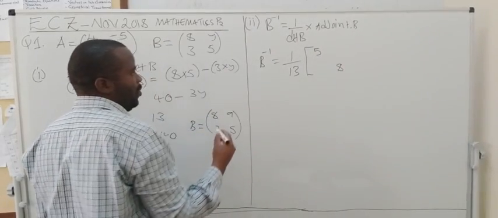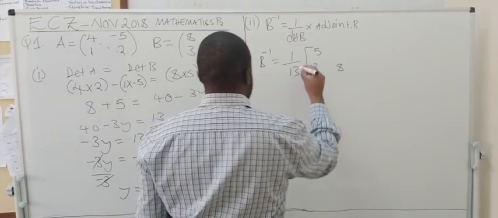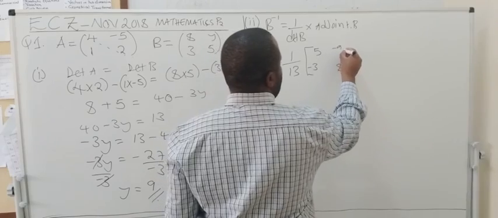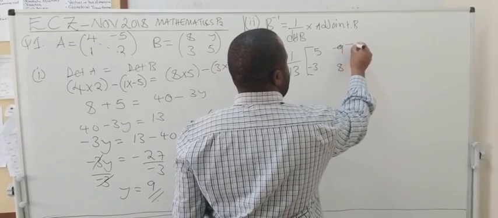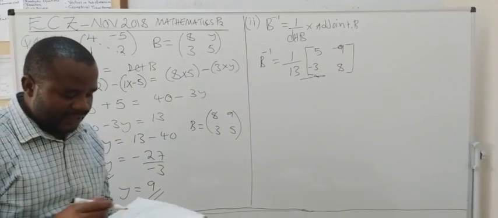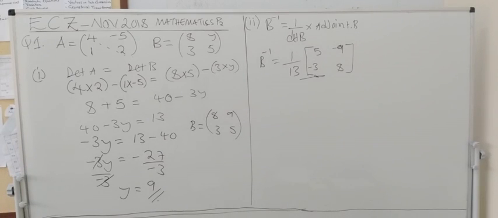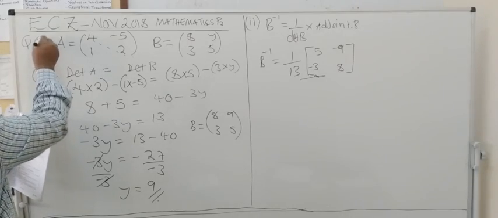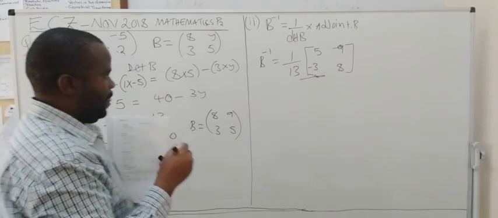But this side we multiply by negative, so I've got negative 3 and negative 9. That is our inverse. I hope that is okay. Then we go to B.